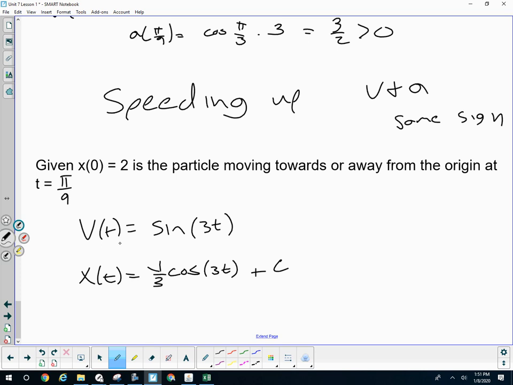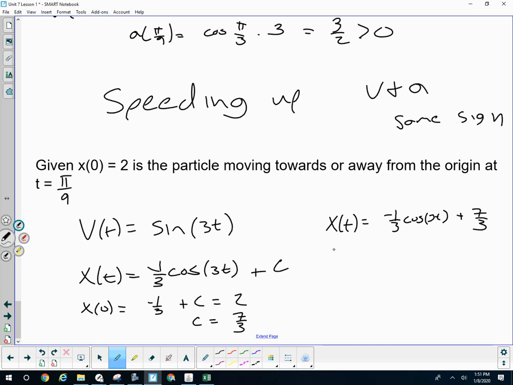X of 0 is 2. Okay, so x of 0, that's negative 1/3 cosine 0, plus c. I add 1/3 to 2, that's 7/3. I have my function for x: negative 1/3 cosine 3t plus 7/3.